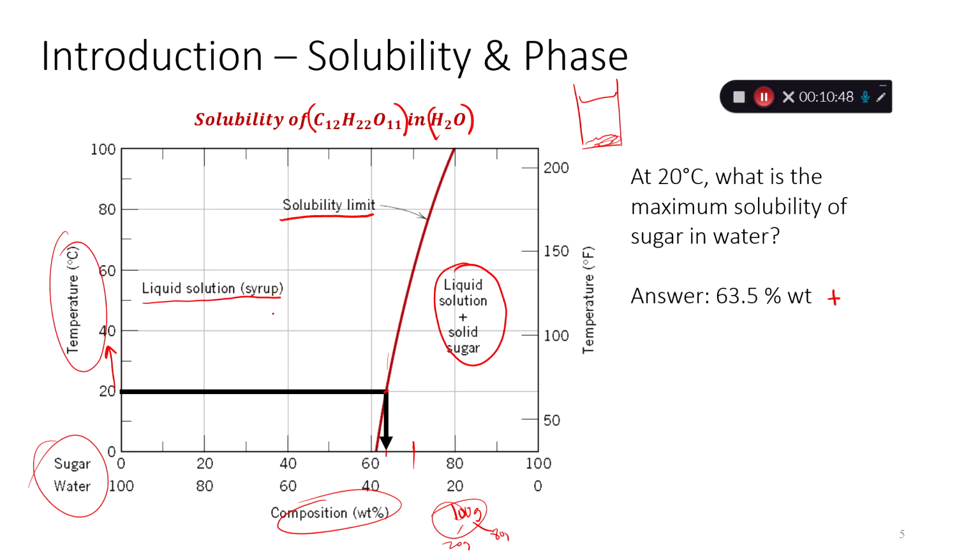It will be a syrup because sugar plus water, you get syrup. But if you exit this, you will get what I drew here, which is liquid solution here, solid sugar at the bottom. Okay, so now you have to start learning about salt water and syrup. But we will apply the same concept to solid solutions.